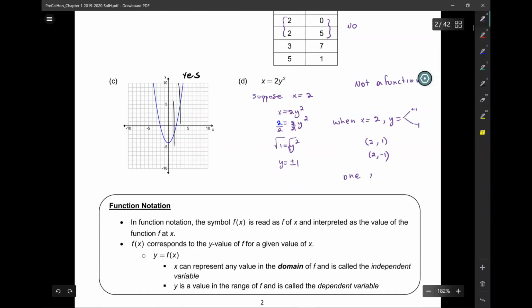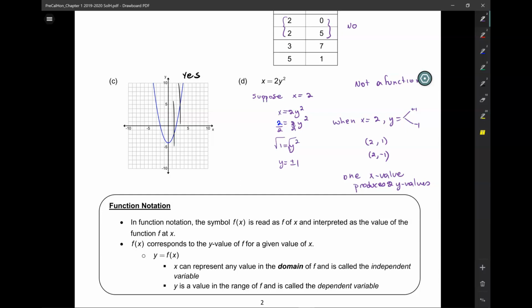One x value produces 2 y values. So it's not a function. And you can tell, this is math, there is no kind of. You can tell because it's y squared to a single x.